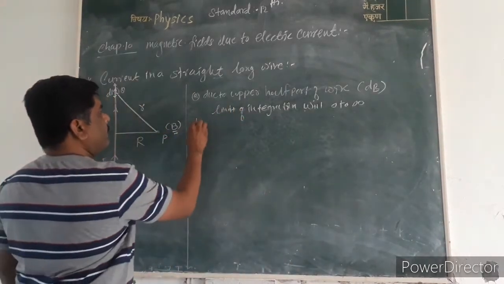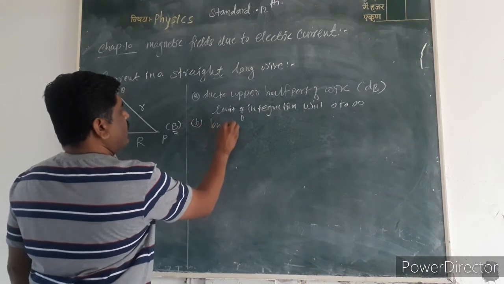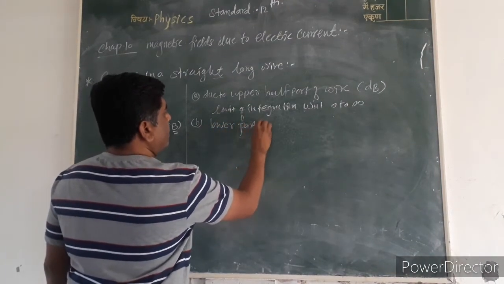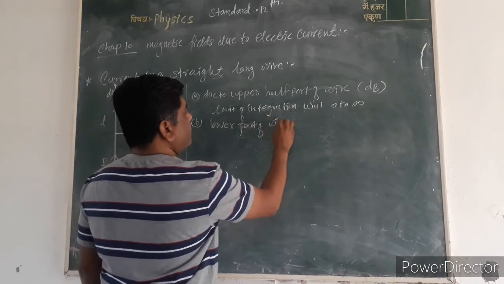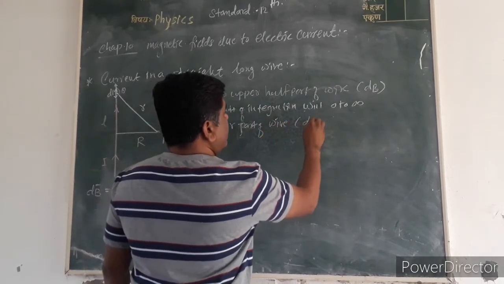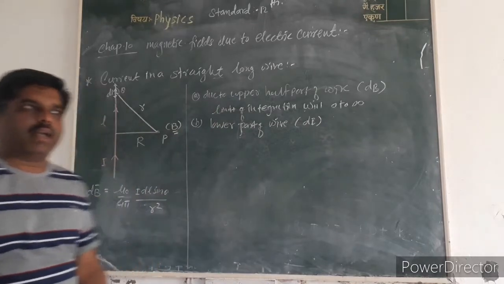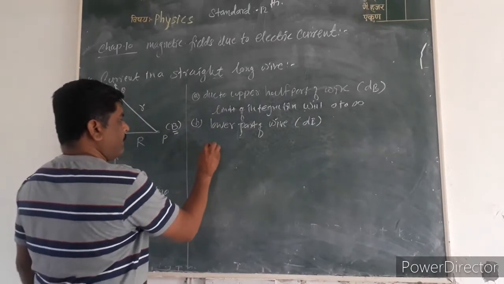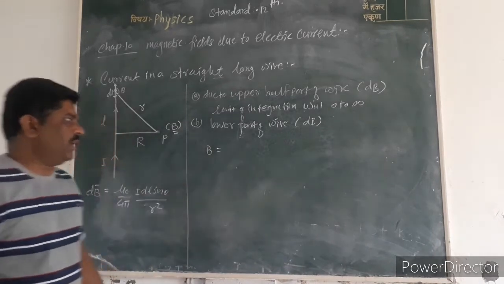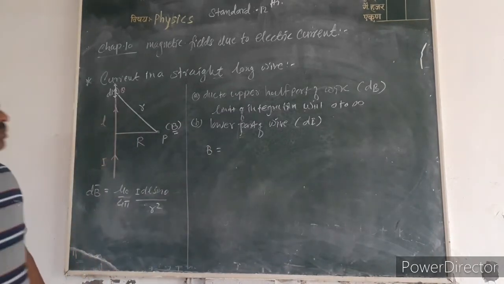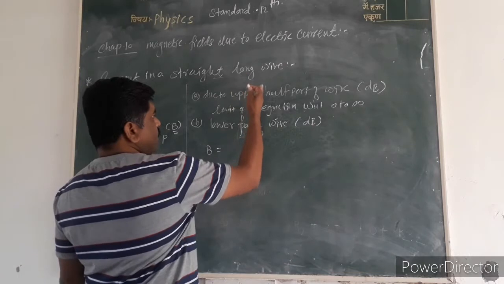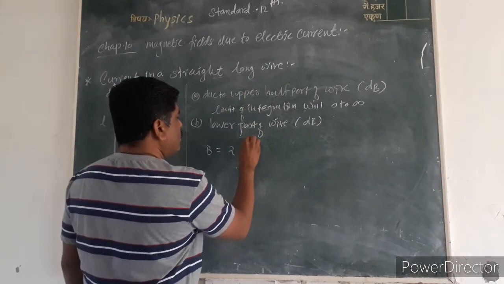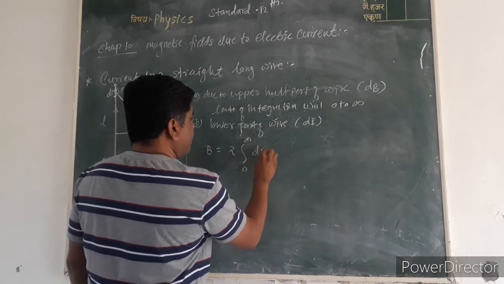And second, due to the lower part of the wire, dB is the magnetic induction. Then the total magnetic induction B is equal to this part plus this part, that is 2 integration 0 to infinity dB.